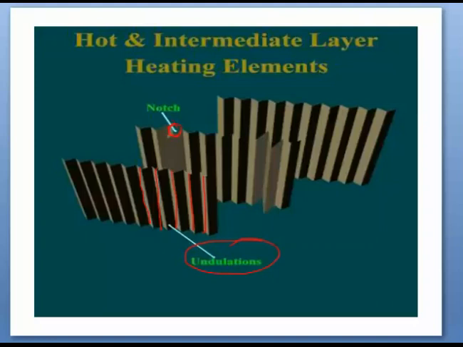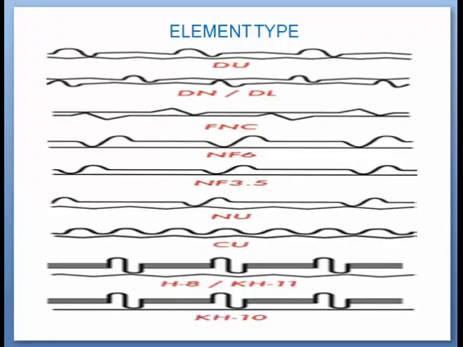Basically, they are selected on the basis of certain requirements. The first one is the heat transfer requirement, how much heat transfer is required, then how much pressure drop is allowed, and the third one is the ease of cleanability. So based on all these requirements, there are different types of elements.